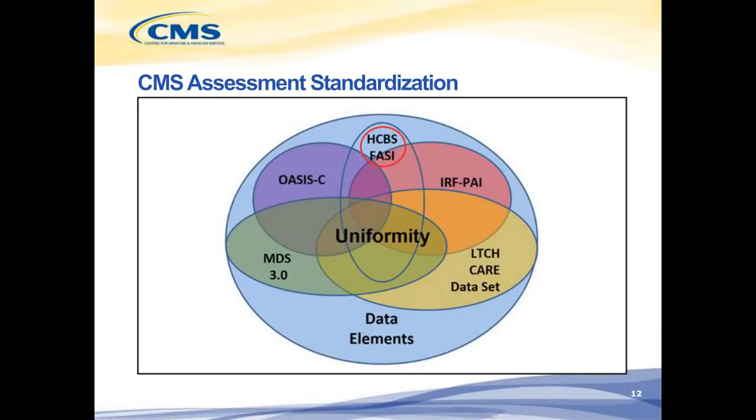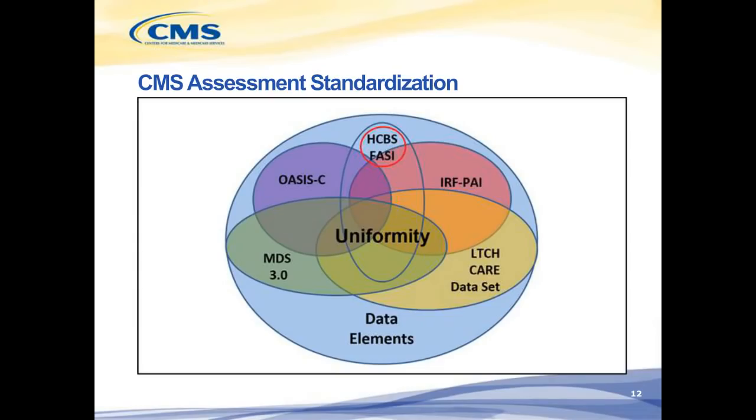So with slide 12, this slide provides a visual representation of CMS assessment standardization. And while many items will be standardized, there will never be 100% standardization across assessments because different settings have different needs. For example, persons in long-term care hospitals may have different assessment needs than patients that are receiving home health services.